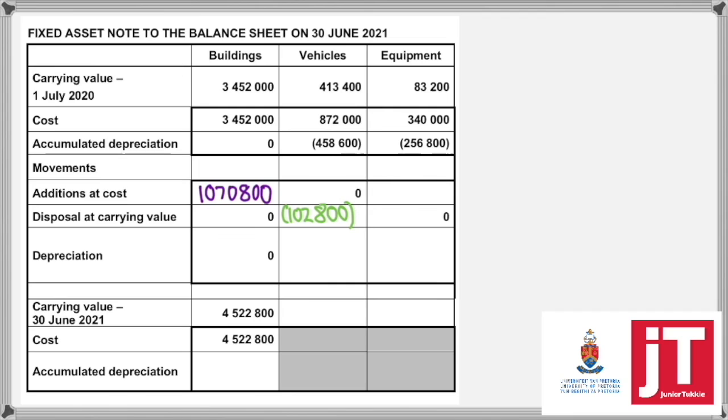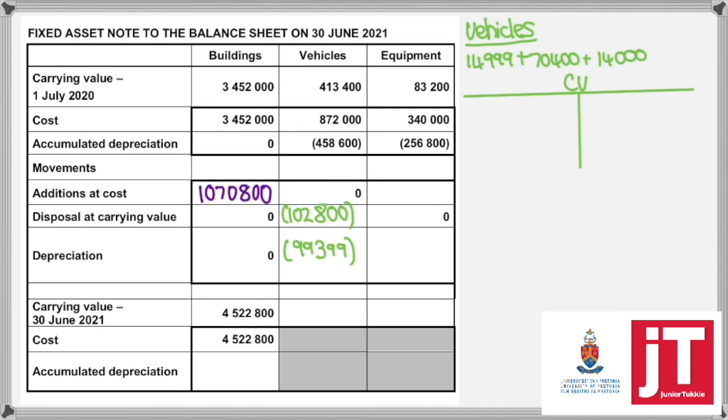Disposal at carrying value was given to you, 102,800. The total depreciation we needed to work out on vehicle number 1, 2 and vehicle number 3, and the total was 99,399.